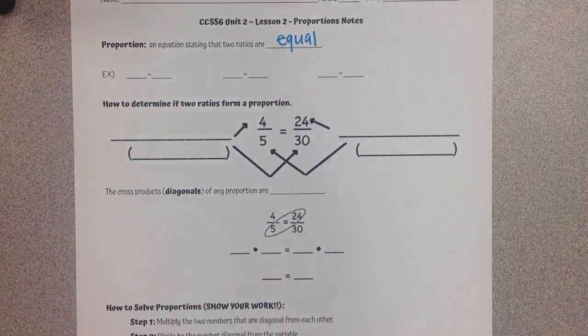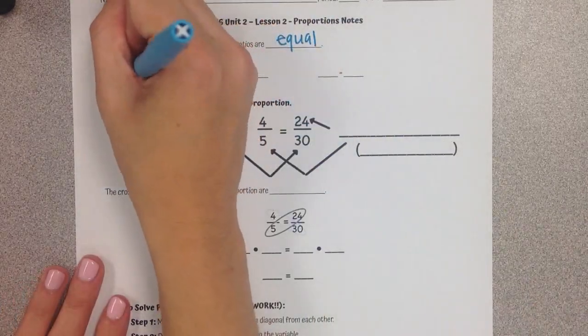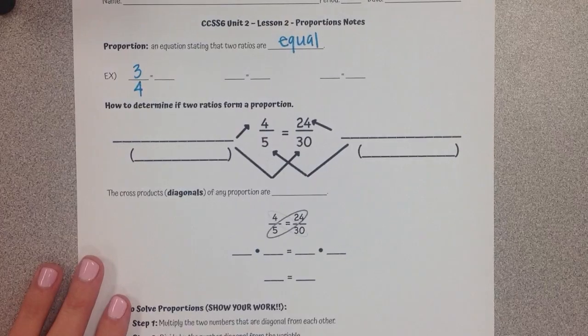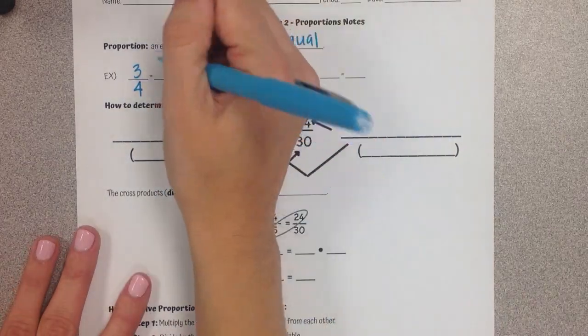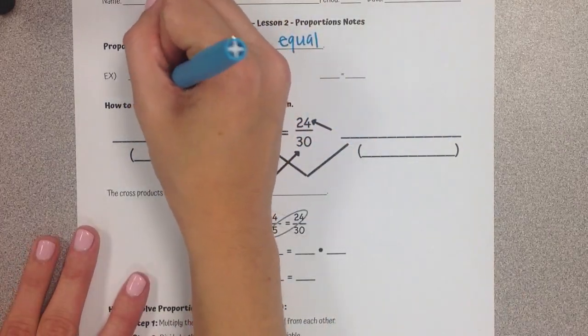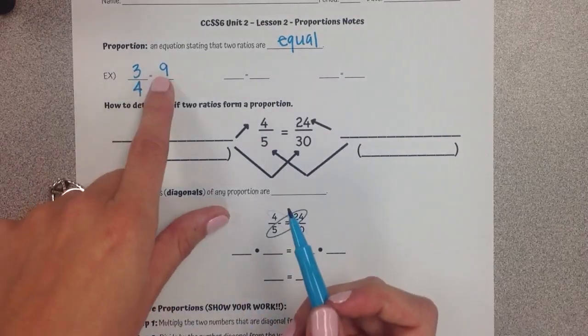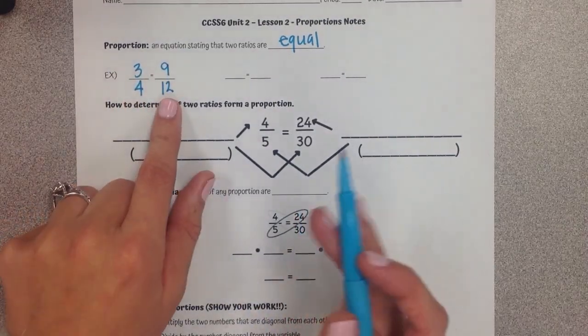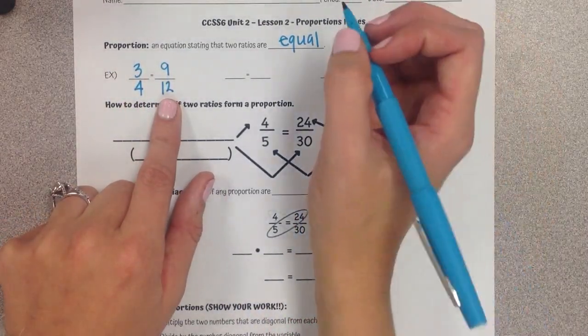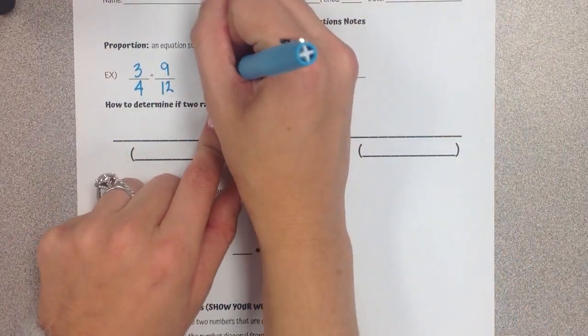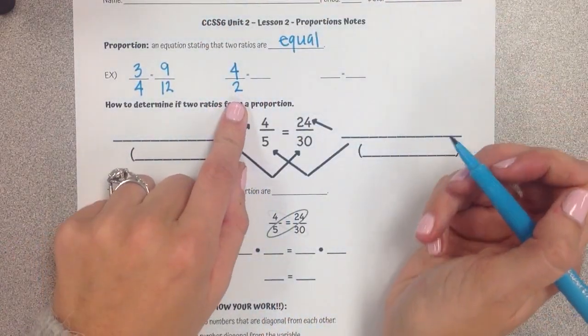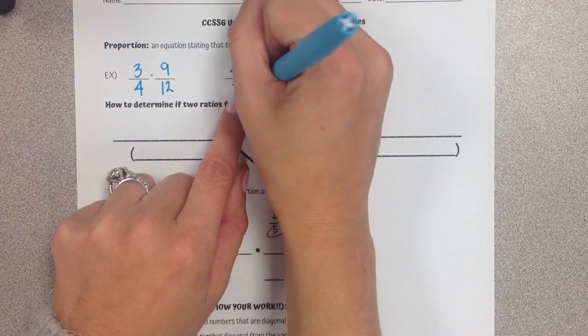Okay? So ratio, and we're looking at these in terms of fractions. So for example, if we have the ratio 3 to 4, or the fraction 3/4, that is equivalent to 9/12. 3 times 3 is 9, 4 times 3 is 12. They are equal to each other. Or if we had something like 4/2, even though that's improper, that would be equal to 8/4.